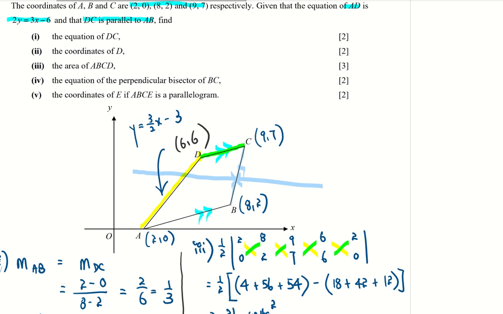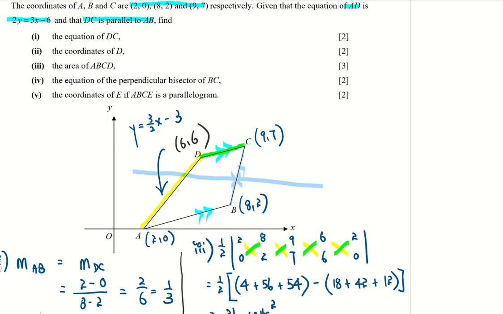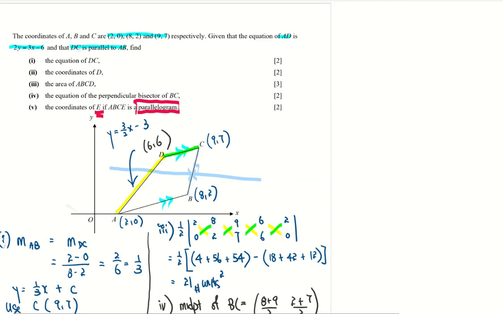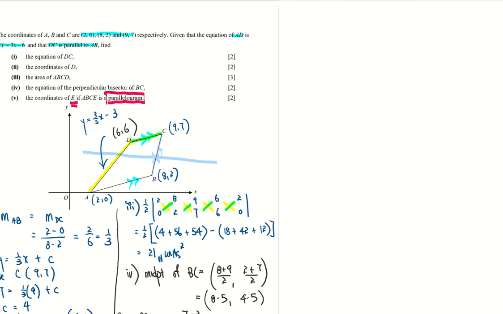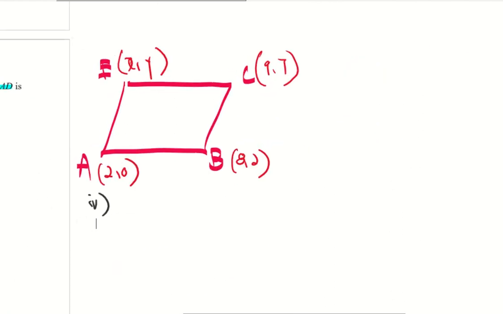The last part is to find the coordinates of another unknown point. So take note, in this case, the figure is a special figure, and I want to find the coordinates of an unknown point. I can make use of the midpoint theorem, the intersection of the diagonals. So let me draw a simple parallelogram and fill in the information that I know. In this case, the unknown point E, let me denote by (x, y).